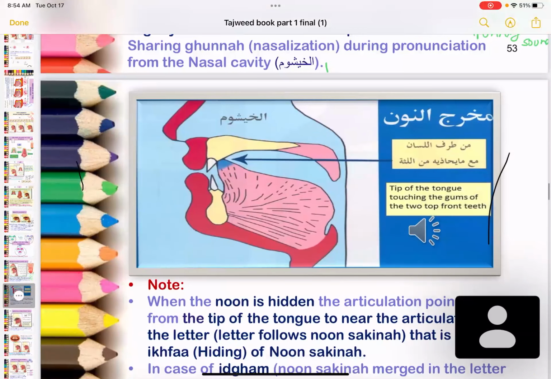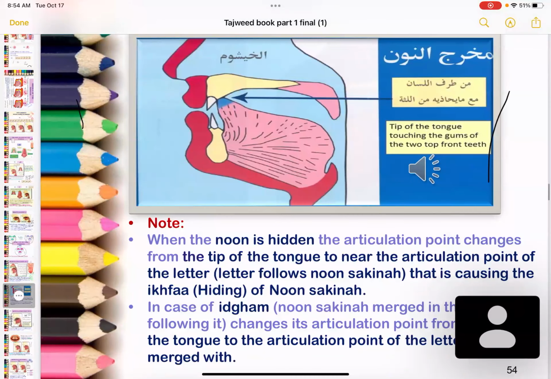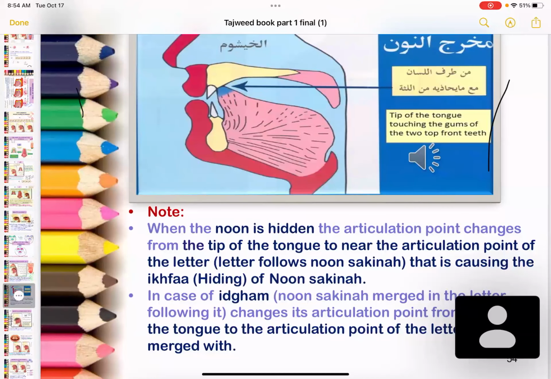Okay, here again, a nice beautiful way of saying it. The noon here, the tip of the tongue and the top surface of the tongue is touching the gums of the front teeth, the front incisors. Okay? When the noon is hidden, the articulation point changes. They are talking about ikhfa, because what is ikhfa? To hide.